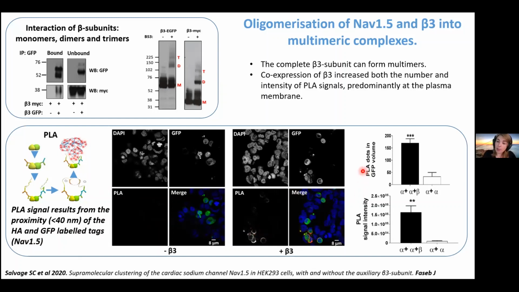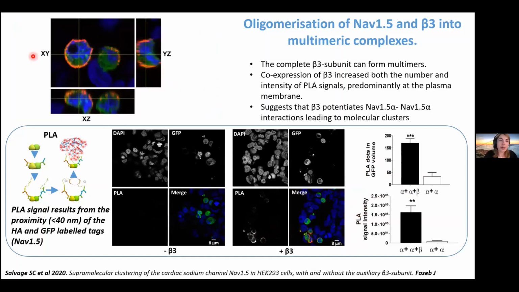When this was normalized for multiple regions of interest, we find indeed the number of dots in the presence of the beta is far greater than in the absence, and the intensity of the signal is also increased. So this suggests that the beta-3 subunit is somehow increasing the ability of NaV1.5 to form these higher order clusters at the cell surface, and that is shown by these transitions here.